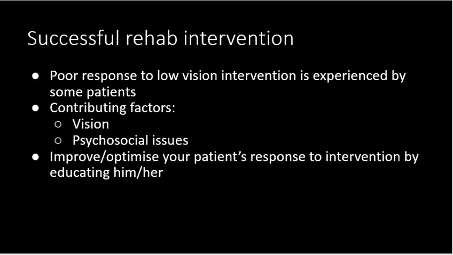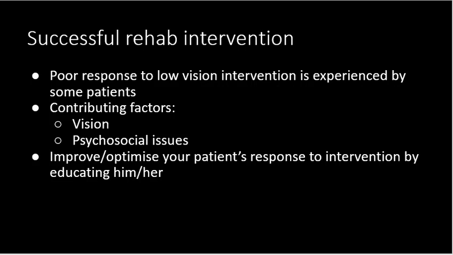So how do we provide successful rehabilitation intervention? Well, sometimes patients don't actually respond to low vision intervention as well as you had expected. This could be partly due to their vision loss, but it also could be due to psychosocial issues that we have raised earlier in some of the discussion topics in this module.